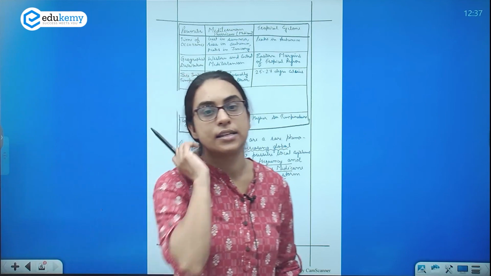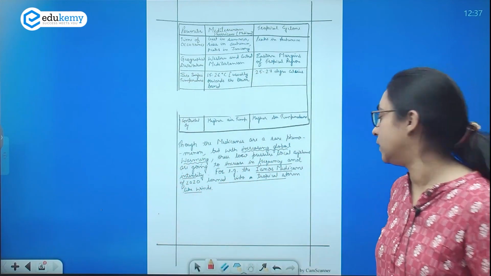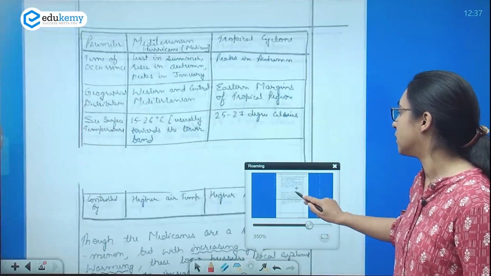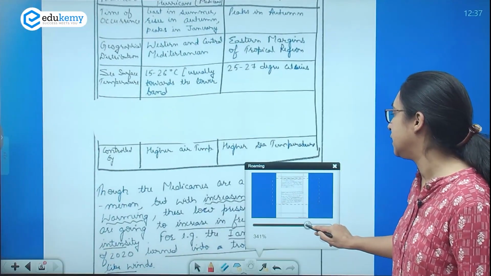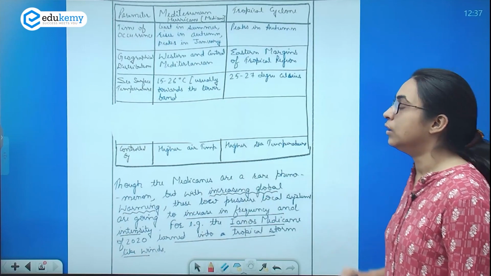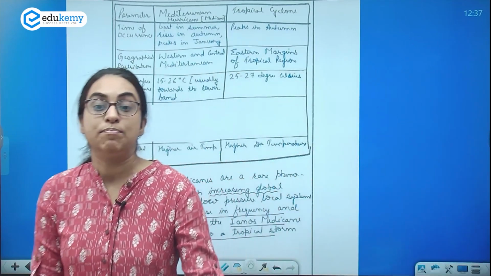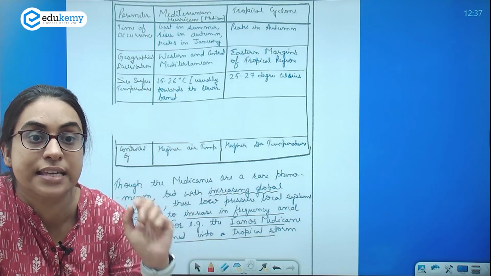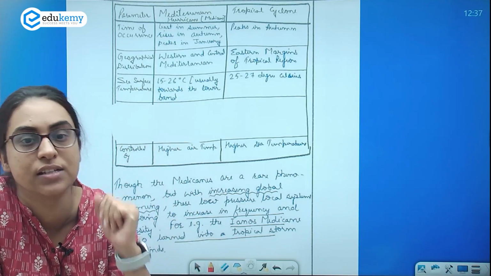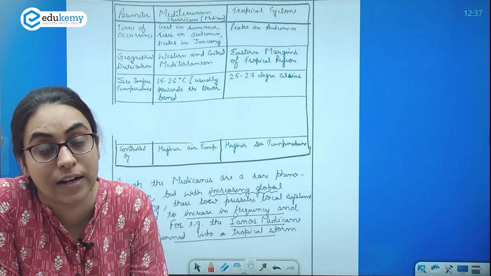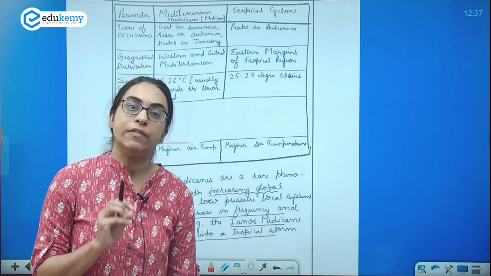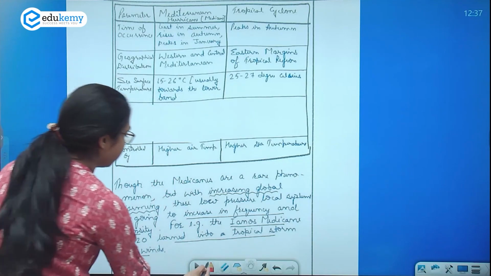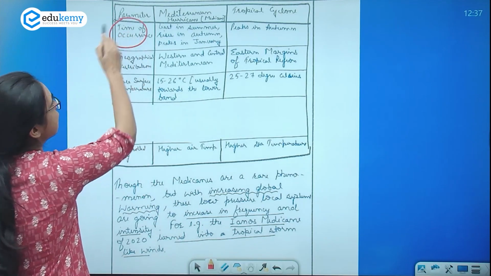Now, coming on to the second part. The second part is about the difference between the Medicane and the tropical cyclone. So you would write about the parameters: the time, the geographical location, the sea surface temperature, and the factors that control. When we compare Medicane to the tropical cyclone, first is the time of occurrence.